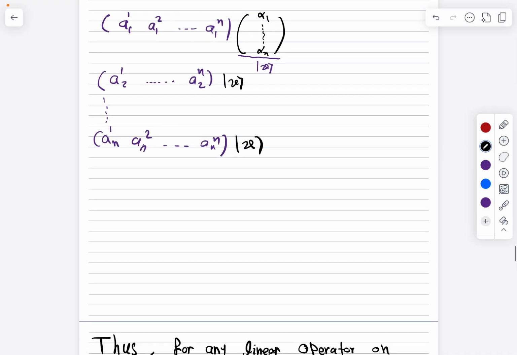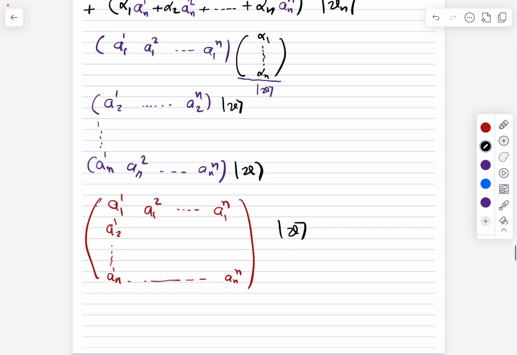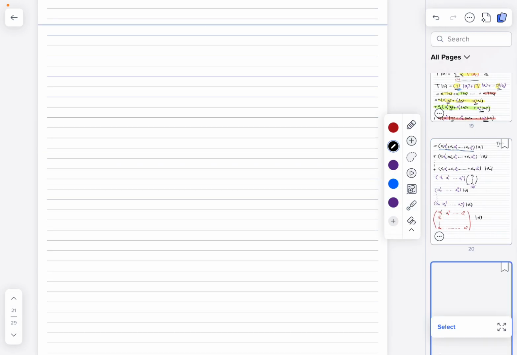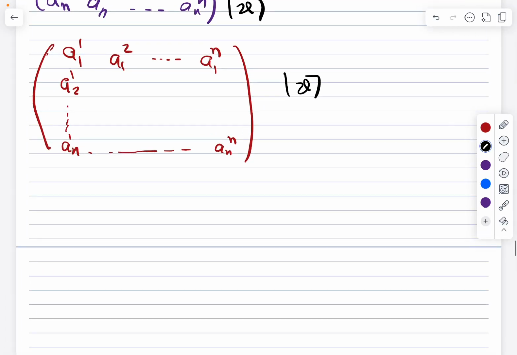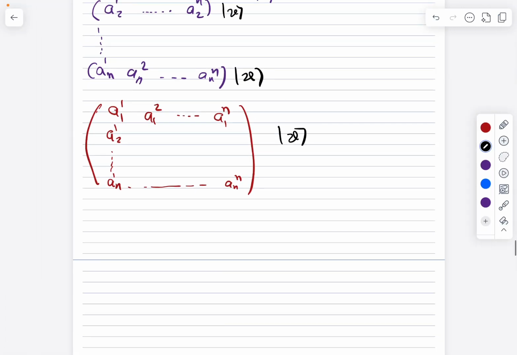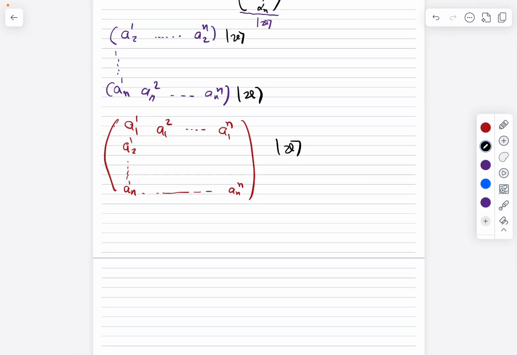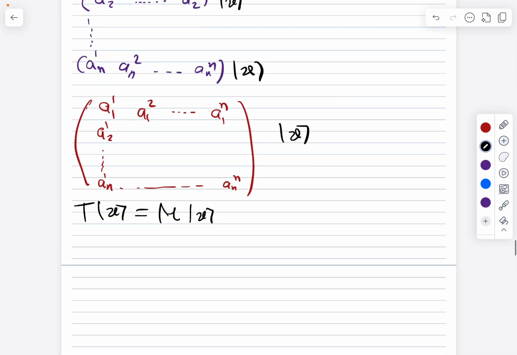So in a more compact way, it can be written as some matrix, which has the first row as A11, A12, until A1n, and so on, until we have ANN. All of it is multiplied by v. So we reach a very crucial and important fact in the theory of linear operators: if we have a finite dimensional vector space, we can write T of V as some matrix, which is the red one, times V. So in other words, dealing with operators is equivalent to dealing with matrices.